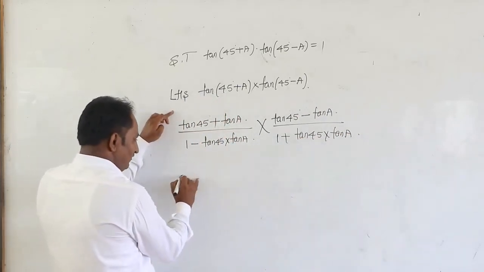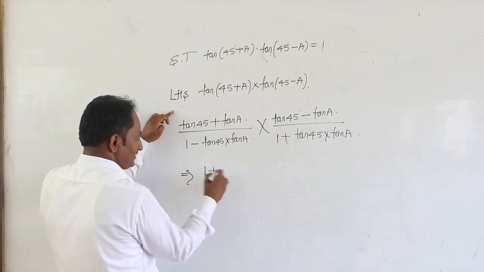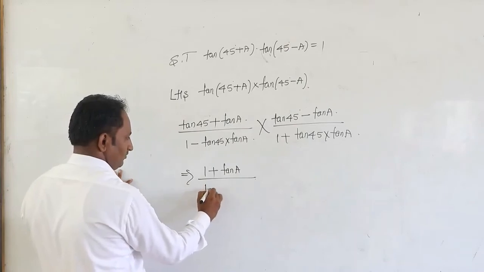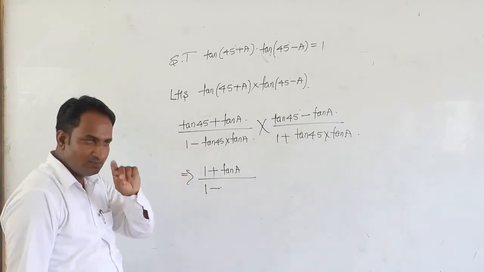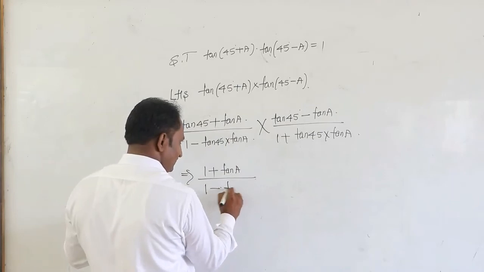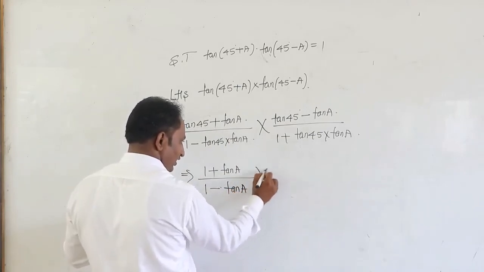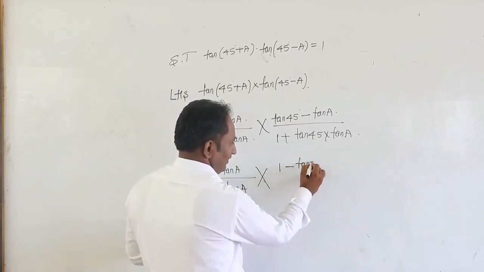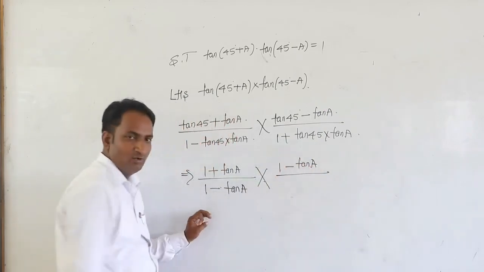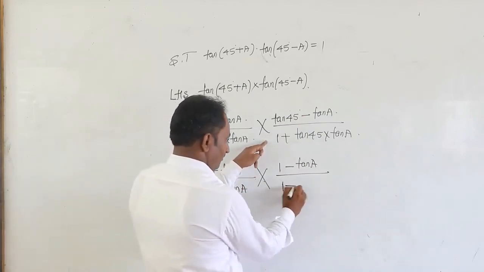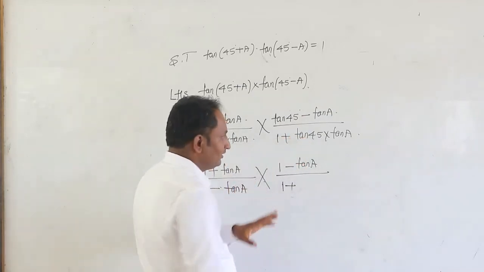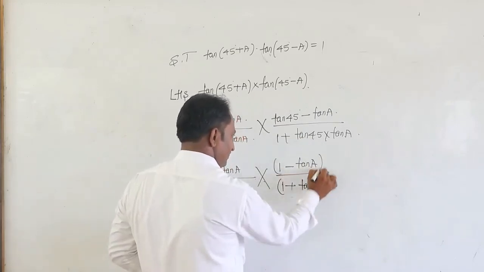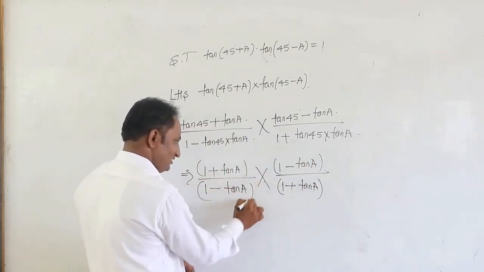Then tan 45 degree value is 1, plus tan A, whole divided by 1 minus tan 45 degree which is 1 into tan A value is tan A, into 1 minus tan A divided by 1 plus tan 45 degree which is 1, then tan A. Here this is our required result.